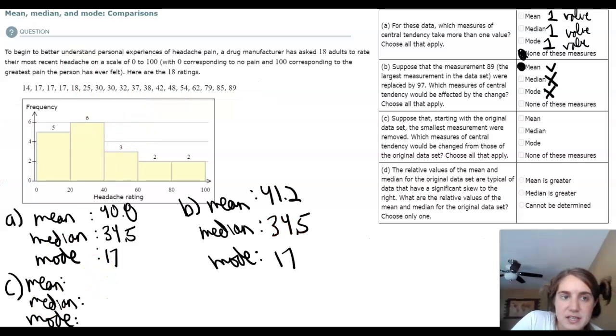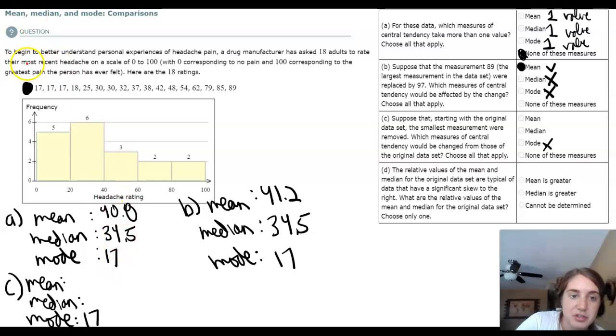For part C, it wants to know if the original data set, the smallest measure, were removed, how would that change it? So let's see. Our mode is still 17. So our mode does not change.